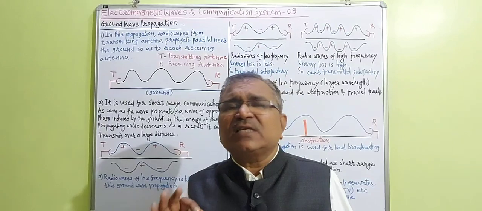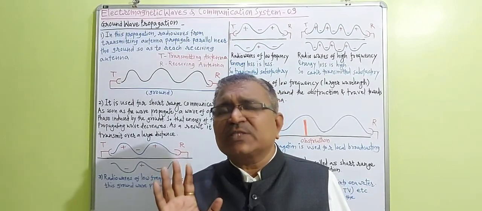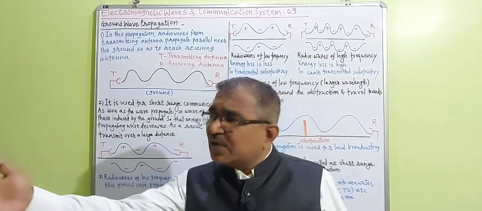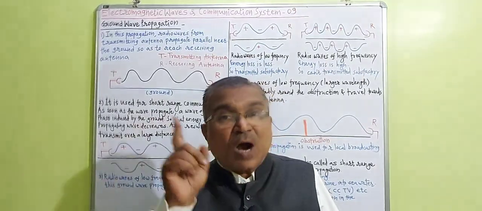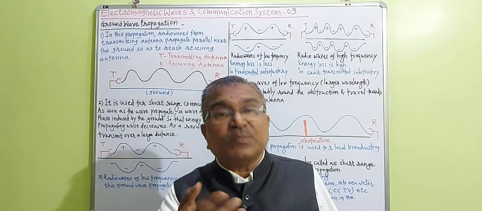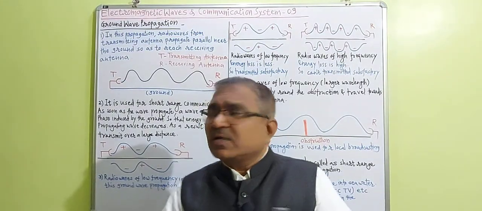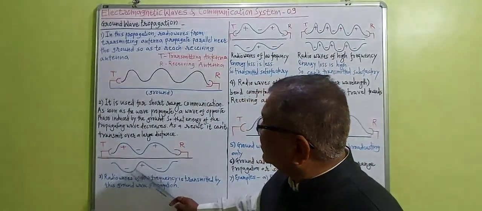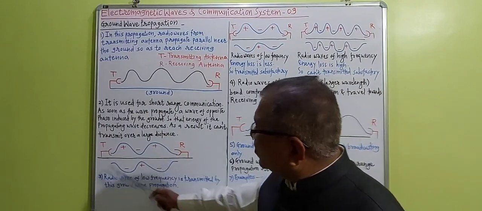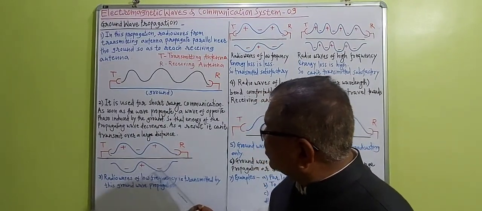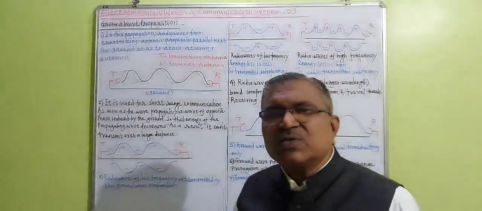The only disadvantage of ground wave propagation is that since this wave propagates near the ground, a wave of opposite phase is induced by the ground as shown in the figure, and because of this there is a loss of energy.